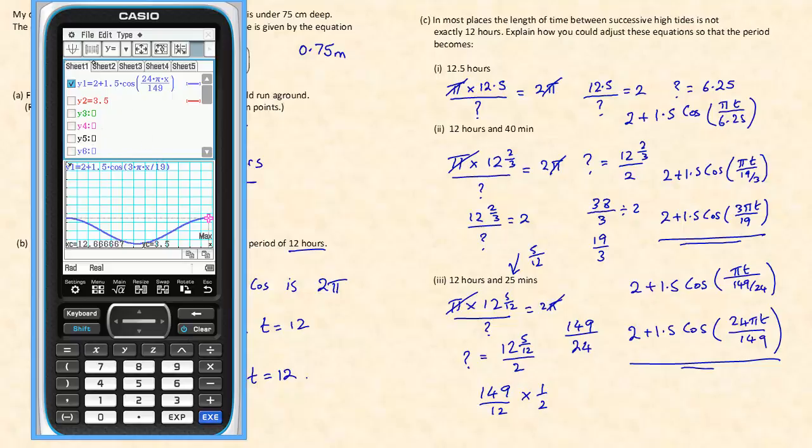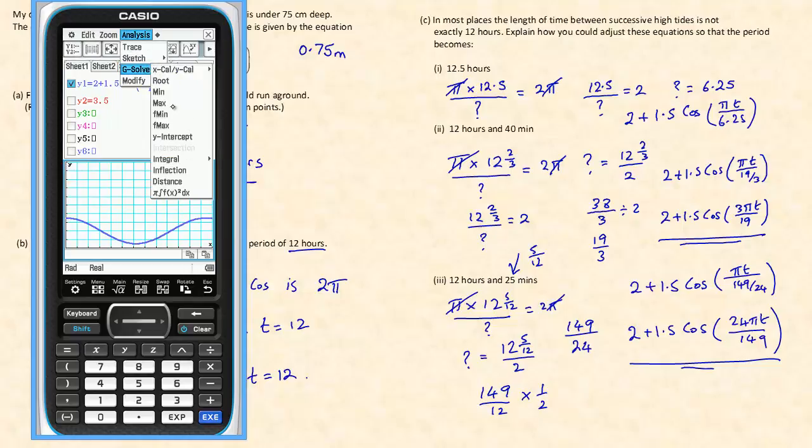And let's plot that, and let's go for the maximum, and that's at 12.416 recurring. 416 recurring is 5/12. We can always check that if you weren't sure, but it looks like we've got the right period.